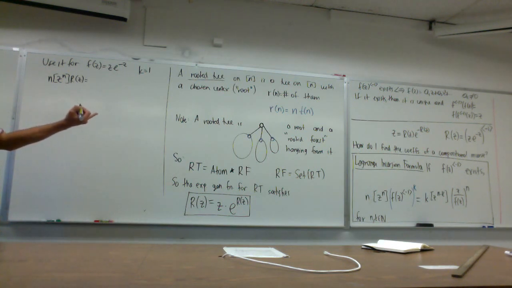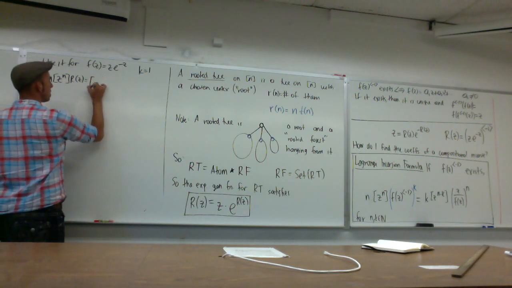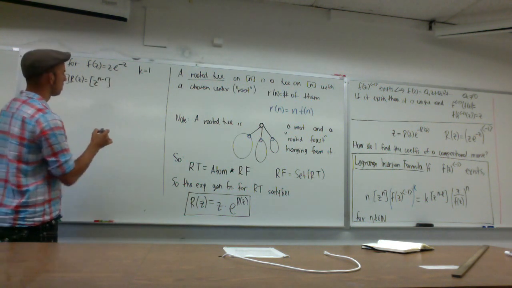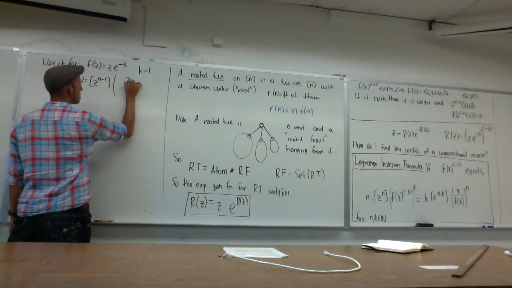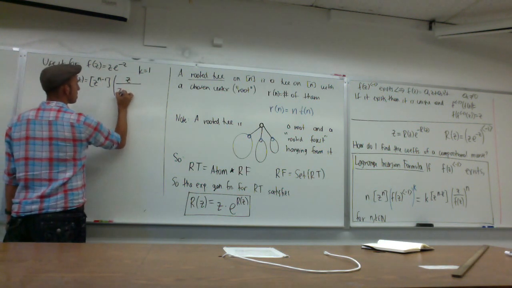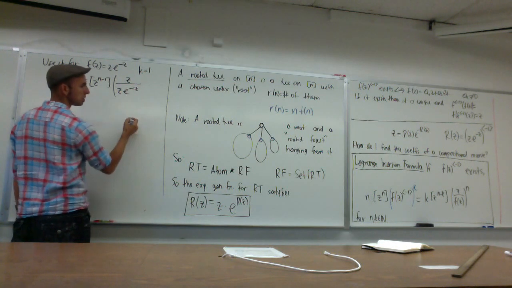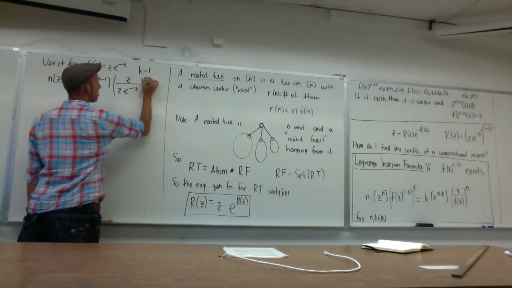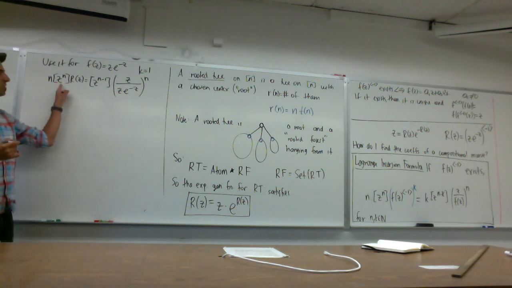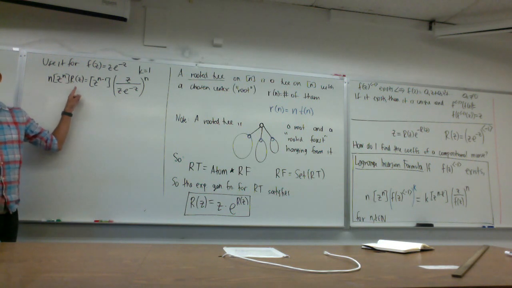So this is equal to, when I put k equals 1, I get the coefficient of z to the n minus 1 of z over f of z, which is equal to this, to the n. Right? Now, what's the coefficient of z to the n in r of z?